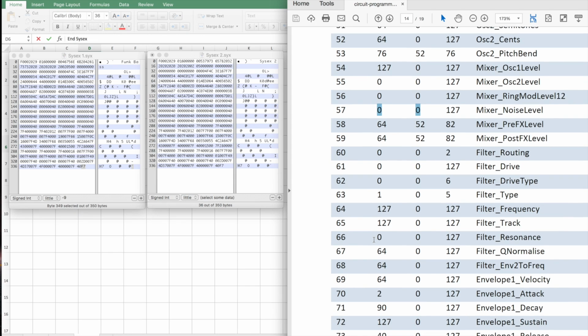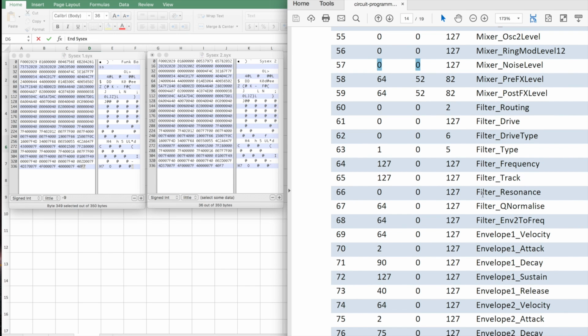But I said I changed the resonance, so that would be down here, and they're saying that it's byte number 66 is the filter resonance and has a max of 127. Now I changed it to 100 with the editor, but that's going to be a different number in hex. So you might think, if you look at the Circuit Programmer's Guide, that you're going to go to byte number 66 and you're going to see that change of the filter resonance.